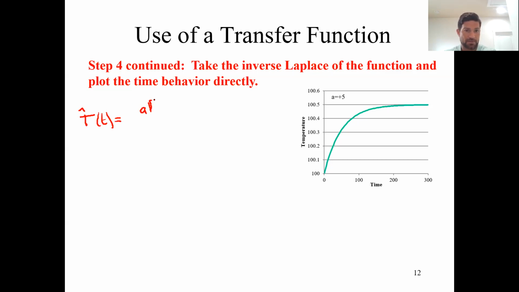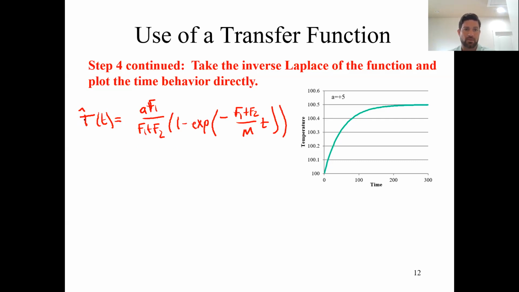So that's going to be a times f1 over f1 plus f2 times 1 minus exp of negative t over tau. So this is going to be negative (f1 plus f2) over m times t, in parentheses.